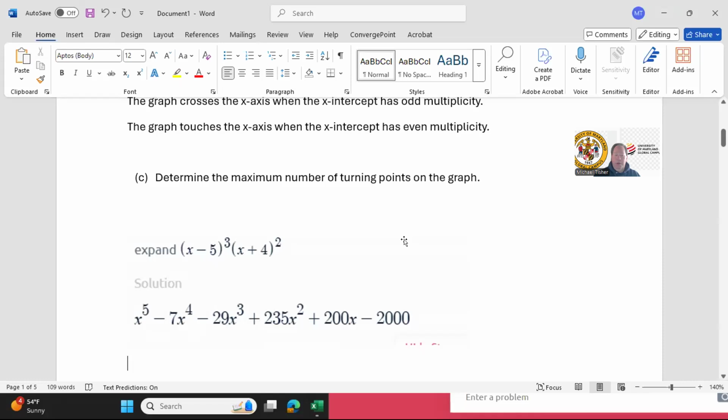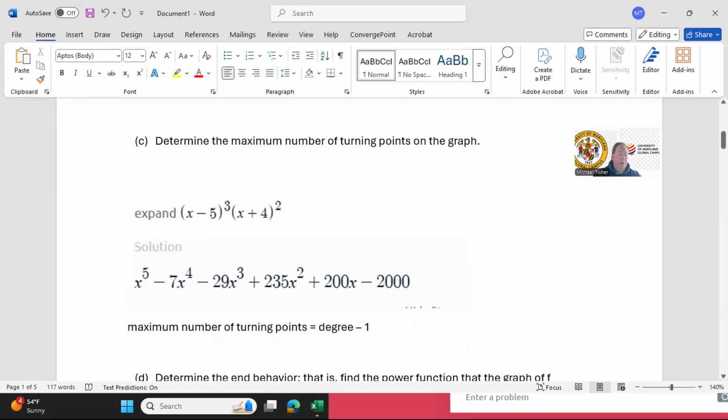Okay, now notice that the degree of this polynomial is 5. So the maximum number of turning points is equal to the degree minus 1.